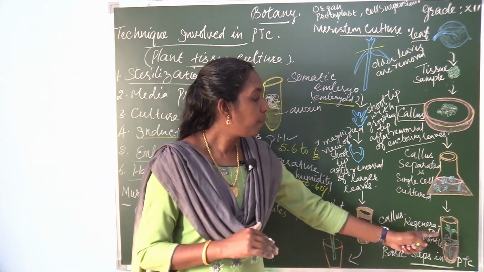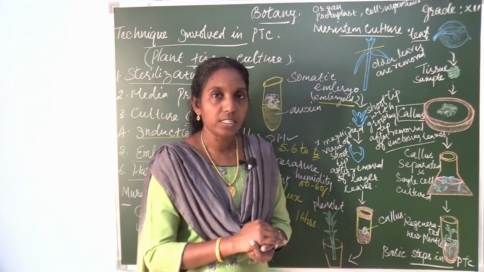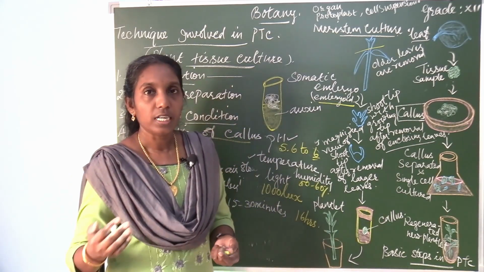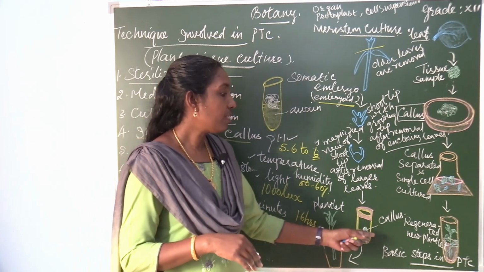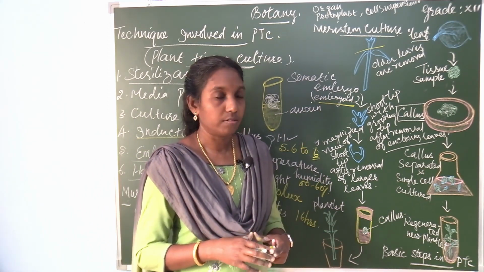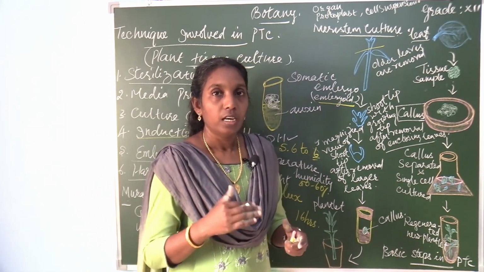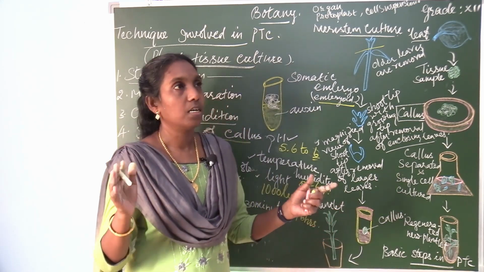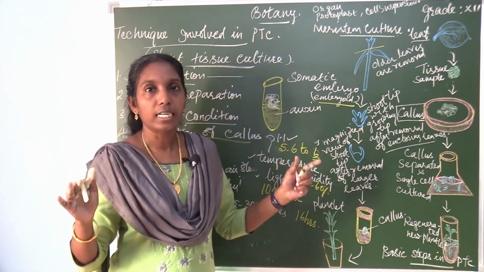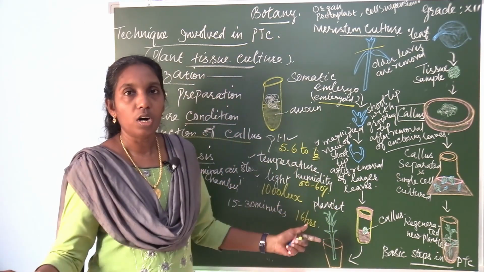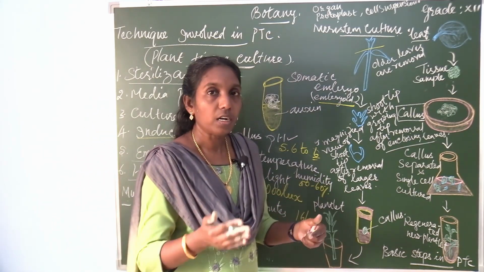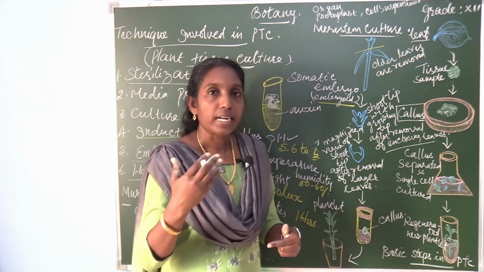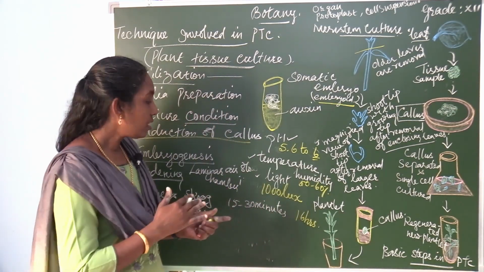Hardening is where the developed plantlets are transferred stepwise to the direct environment. At first it's transferred to the greenhouse. Greenhouse is made of glass. The roof and the walls are made with glass. So it can be transferred to this house, or then it is transferred to a small pot, that is hardening.